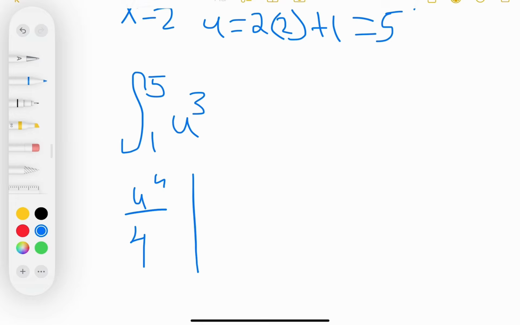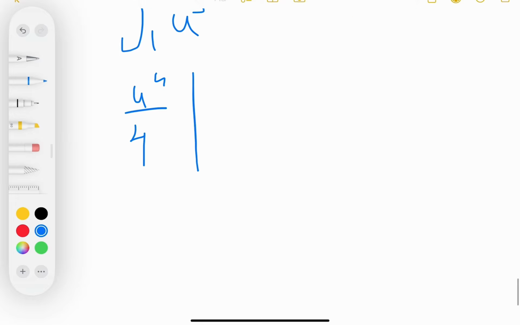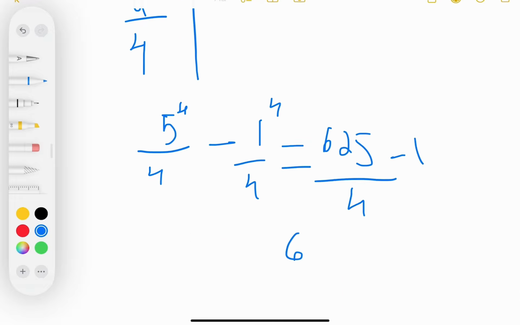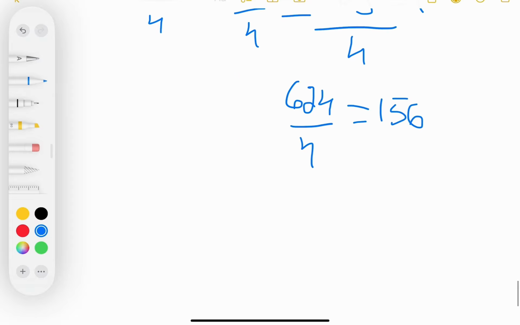Then we use our bounds: 5 to the fourth over 4 minus 1 to the fourth over 4. 5 to the fourth is 625, and 1 to the fourth is 1, so we get 624 over 4. That's 156, and that's our answer.